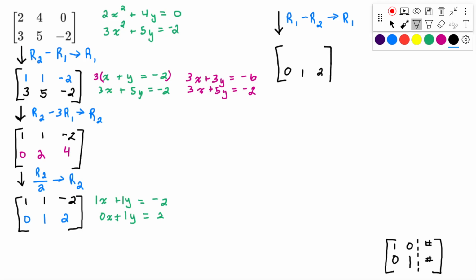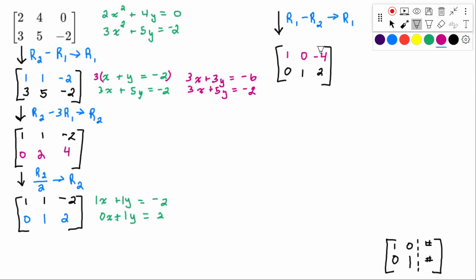But to get my first row, I'm going to subtract. So 1 subtract 0 is 1. 1 subtract 1 is 0. -2 subtract 2 is actually a negative 4.